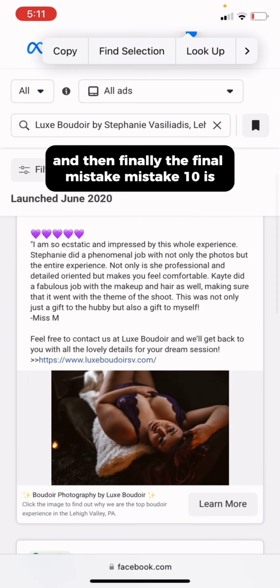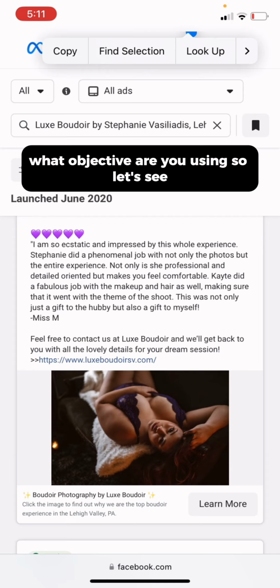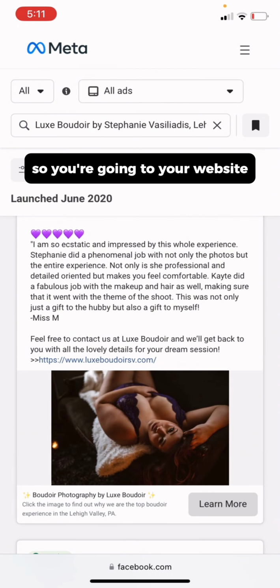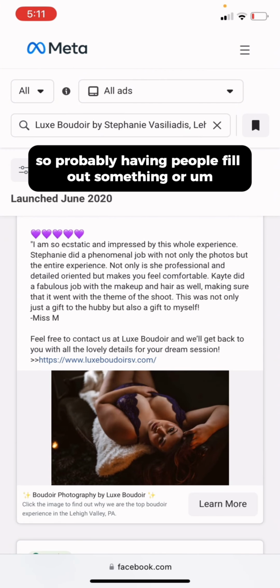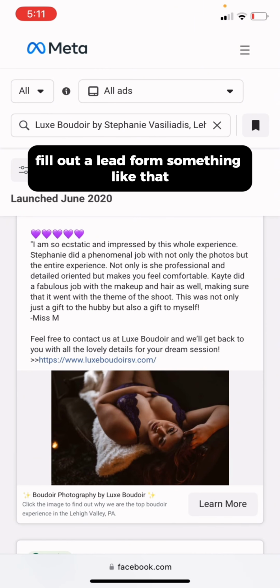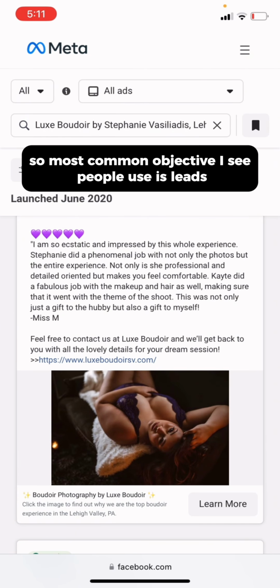And then finally, the final mistake, mistake 10, is: what objective are you using? So let's see. You're going to your website, so you're probably having people fill out something or book a call, fill out a lead form, something like that. So I don't know what objective you're using, so I'm going to give you half this mistake. Most common objective I see people use is leads.